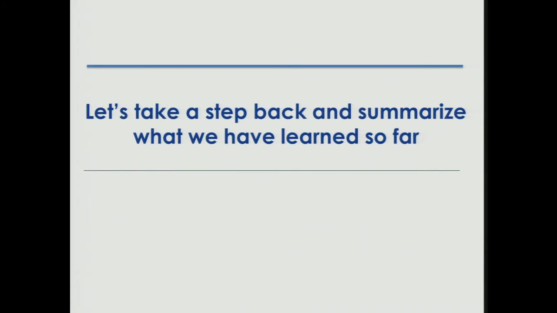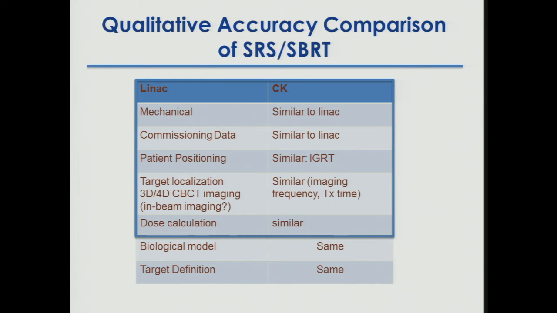So let's take a step back and summarize what we've learned so far. We've looked at a qualitative accuracy comparison of stereotactic radiosurgery with Linac and CyberKnife. We found that mechanical commissioning data, patient positioning uncertainty, target localization, and dose calculation algorithms are all pretty similar errors if you add everything up.